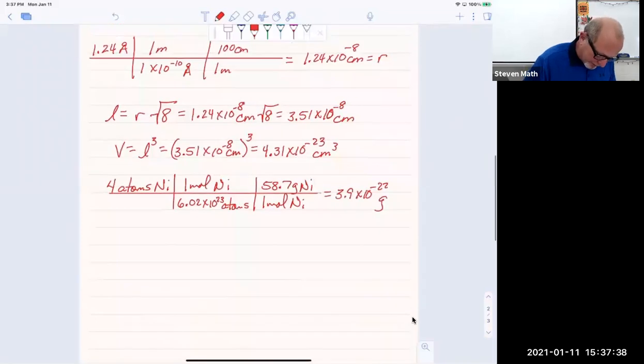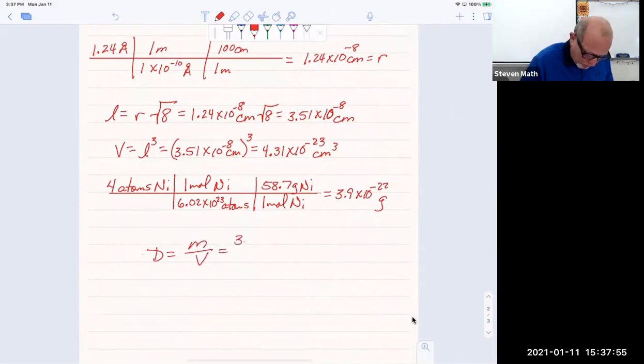So what's my density? So my density, D equals M over V, 3.9 times 10 to the negative 22nd over 4.31 times 10 to the negative 23rd.